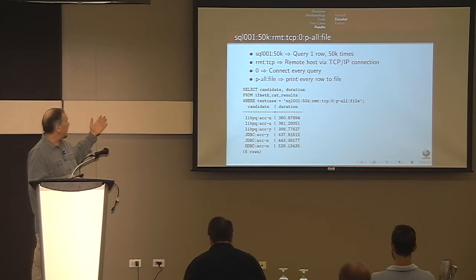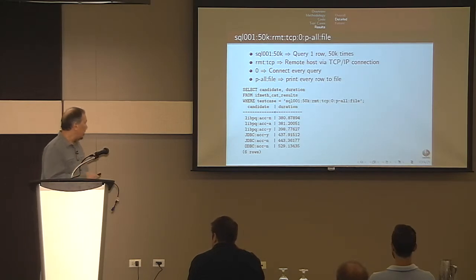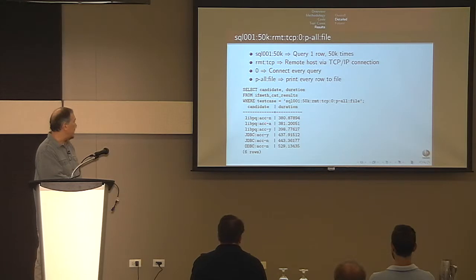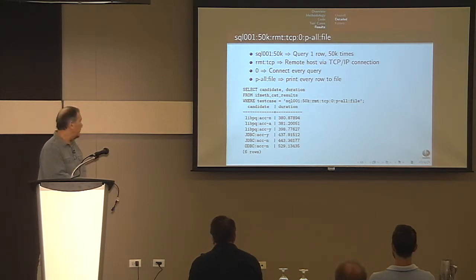So now if we're talking a remote connection, connecting every time, this is kind of the worst case scenario. libpq normal interface wins at 380 seconds. The alternate interface at 381 seconds. And the copy interface here is just a bit slower this time at 398 seconds. But again, libpq tops out the chart.